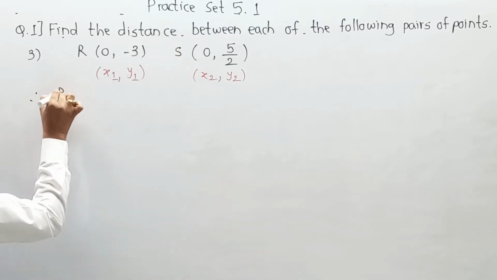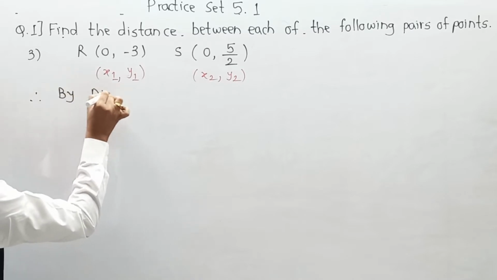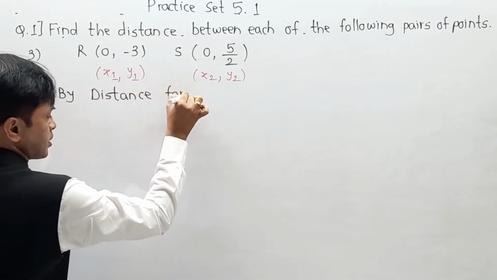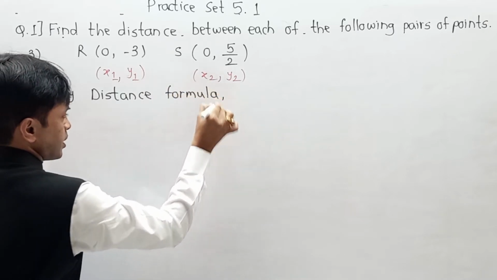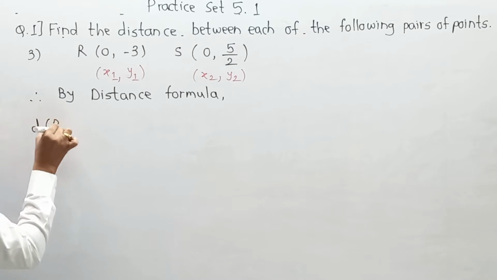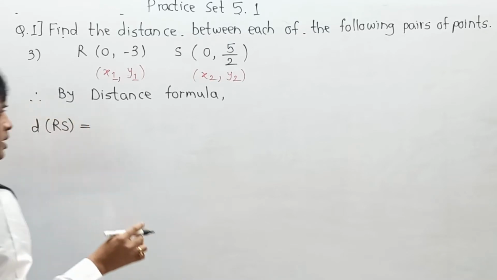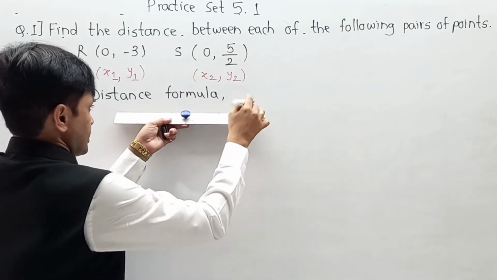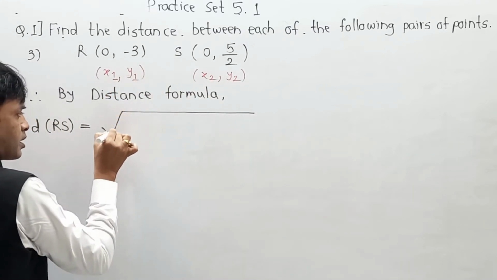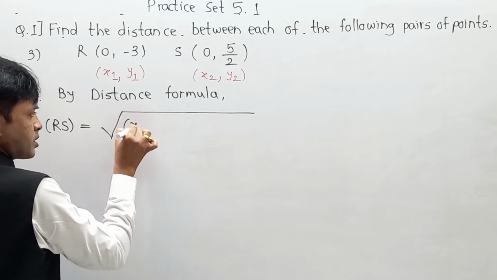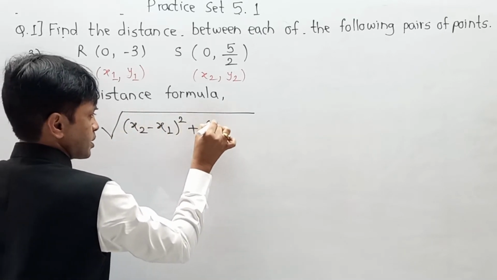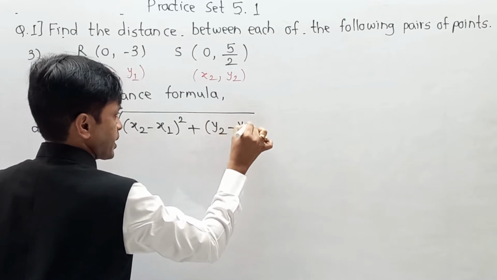So by the distance formula, the distance RS is nothing but the square root of (x2 minus x1) squared plus (y2 minus y1) squared.